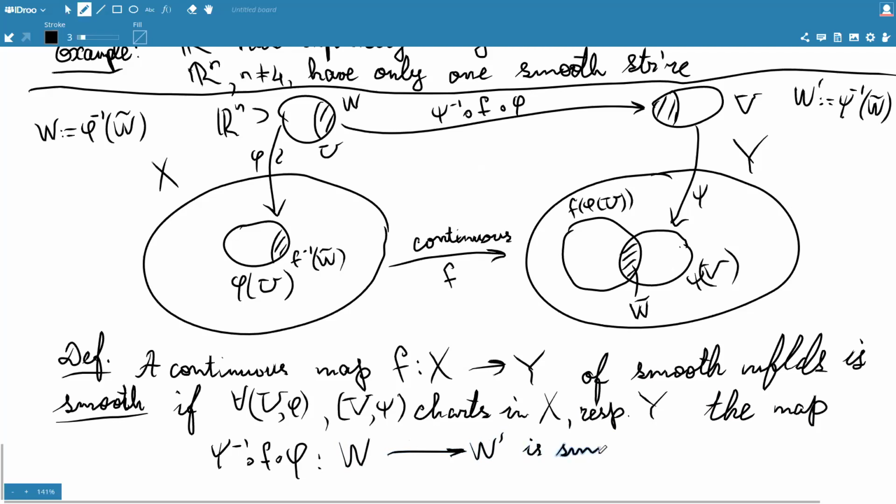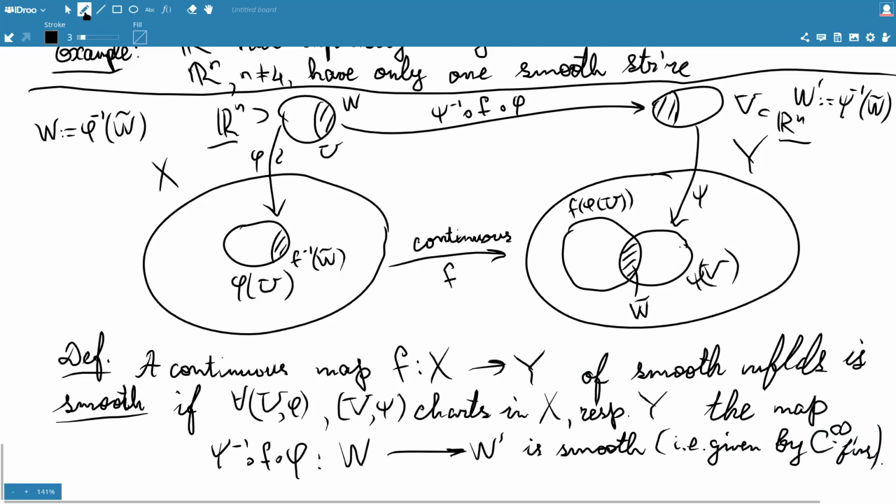And you remember that by a smooth map between two open subsets in Rn, we mean a map which is given by infinitely differentiable functions, that is, given by C infinity functions. Okay, so this is a smooth map.